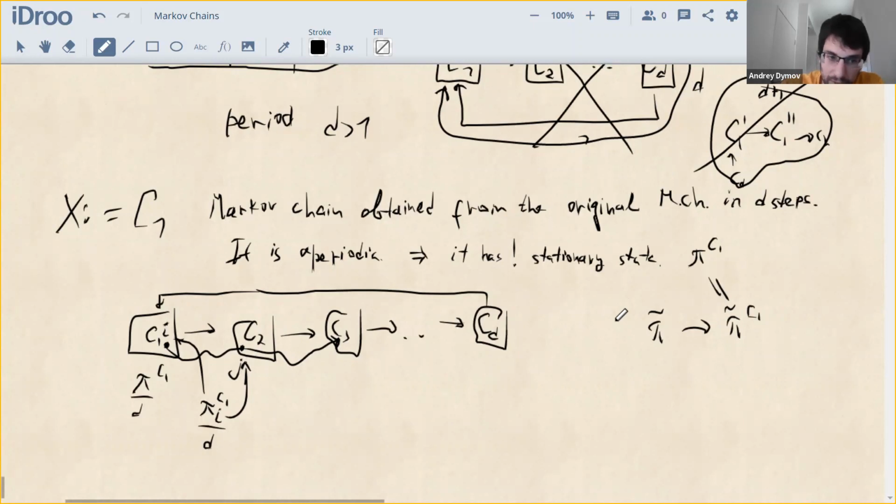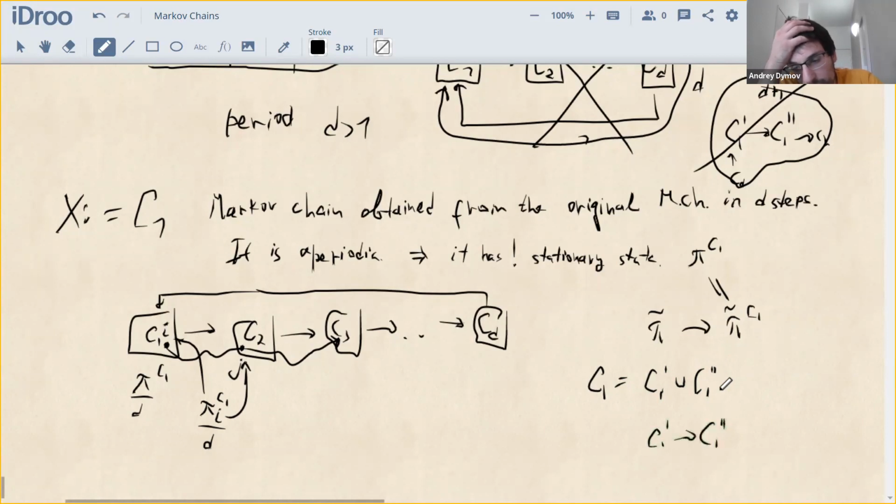I mean, if it is periodic, it means that this set of states C1 can be divided, by the theorem above, into two sets, C1 prime and C1 2 primes, in such a way that from C1 prime you go to C1 2 primes, right?